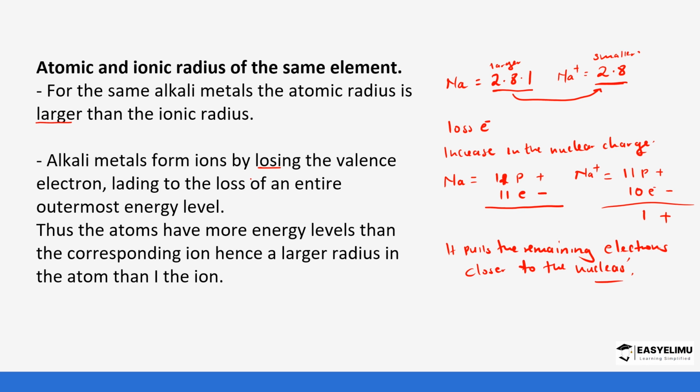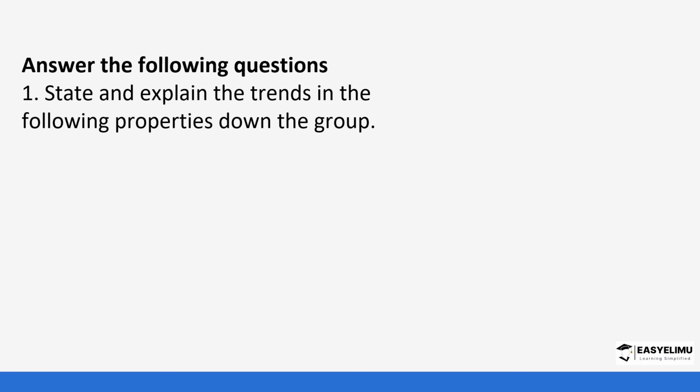Let's look at a few questions in regards to what we have discussed. State and explain the trends in the following properties down the group. These are the properties: atomic radius. We said that the atomic radius increases down the group.